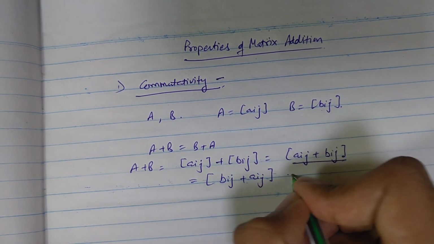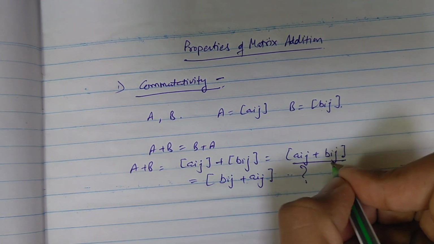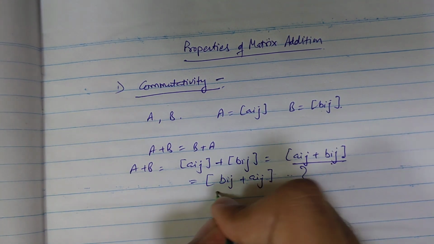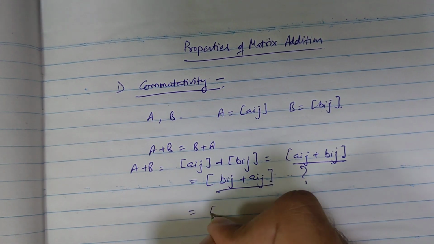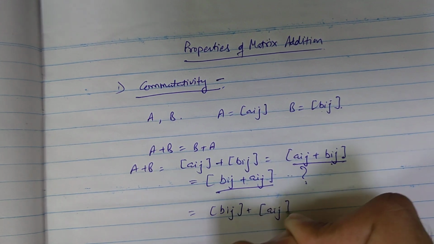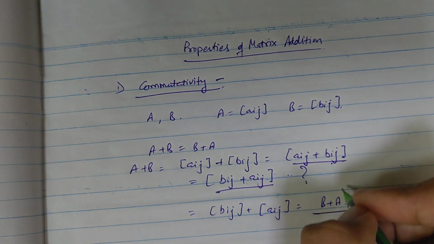Why? Because these are numbers and numbers hold commutativity. So this is equal to Bij plus Aij, and this is equal to B plus A. So this is commutative.